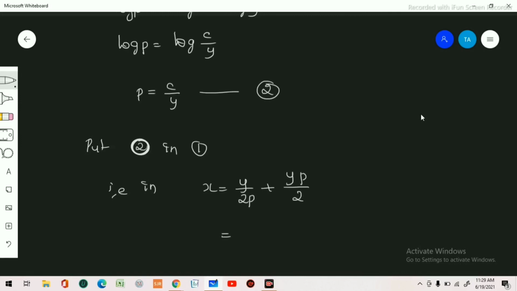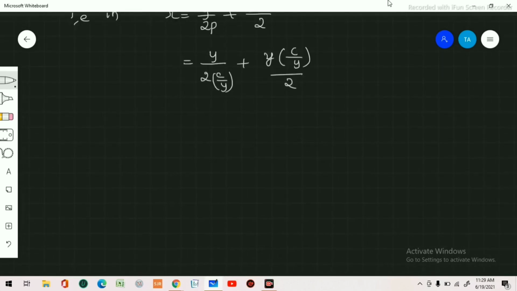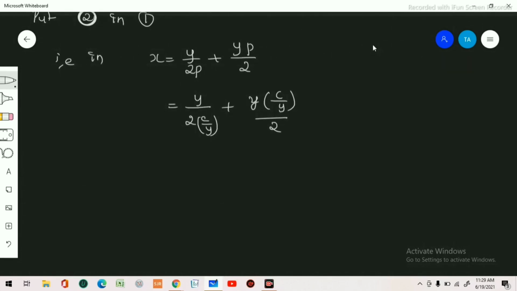In this you substitute the value of p. y by 2 as it is, p is c by y, plus y, p is c by y divided by 2. You just have to solve now. So y comes upstairs, it will be y square by 2c plus y will get cancelled. I'll get c by 2, x on the left hand side.